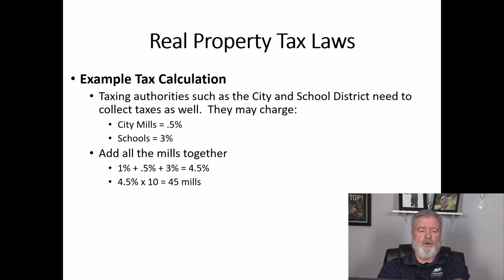To do that, you just take that rate, 4.5% times 10, and so we know it's going to be 45 mills. Now, my guess is your mill rate is going to be a lot higher than this, but maybe not. I guess it depends on where you live. So we know the mills that need to be charged is 45 mills for each property owner.